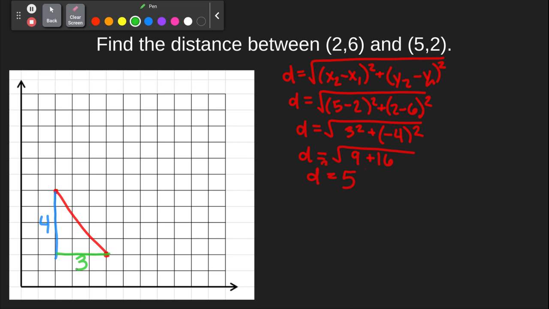And that is a right triangle right there, and we just went over this. It's a 3, 4, 5 triangle, which means the distance is going to be 5. So that's how you can use Pythagorean's theorem to get the distance. The distance formula is essentially the Pythagorean theorem, and that 3, 4, 5 triangle makes it easy, so you don't have to do any more math than is necessary.